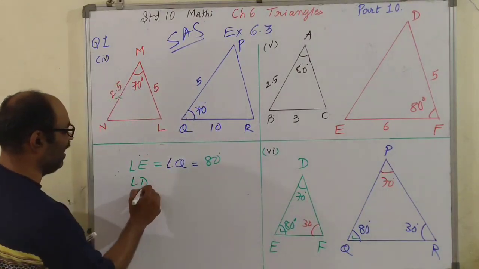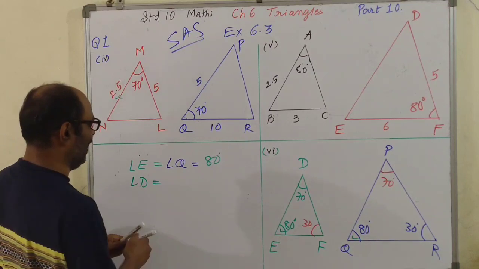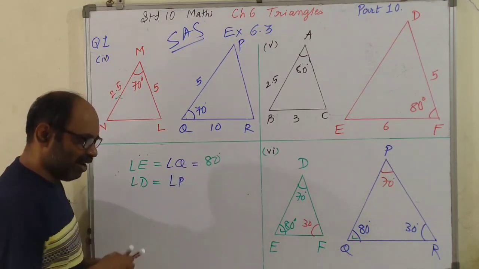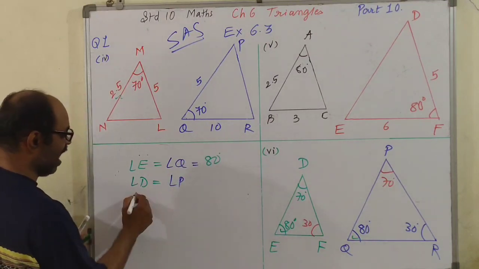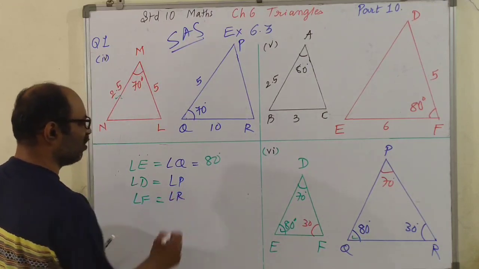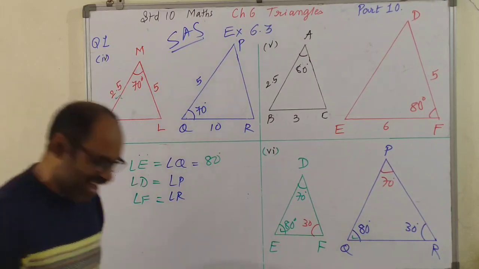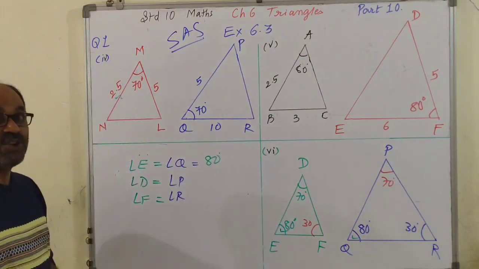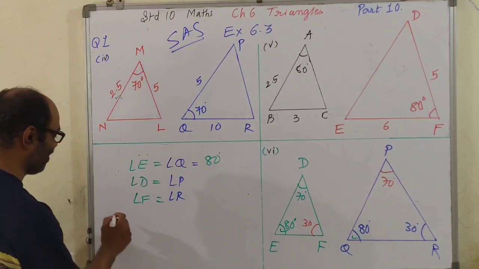So angle D is equal to angle P. And that is equal to 70. I am not writing. And angle F is equal to angle R. So which condition is satisfied? AAA.